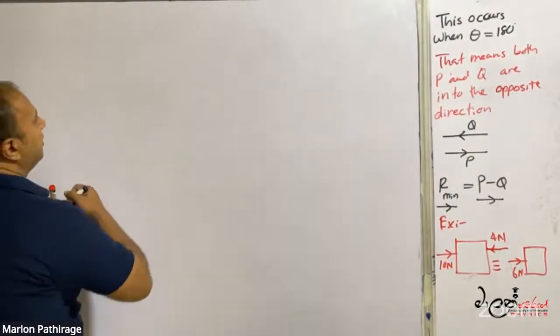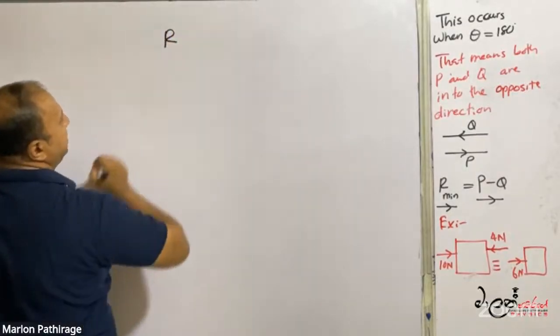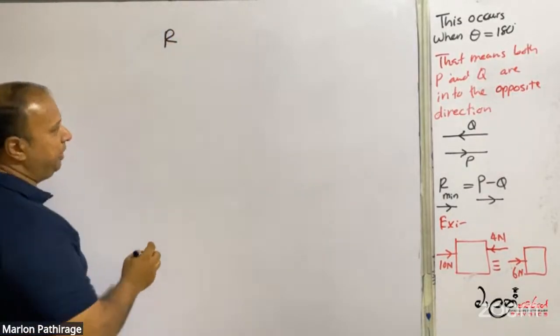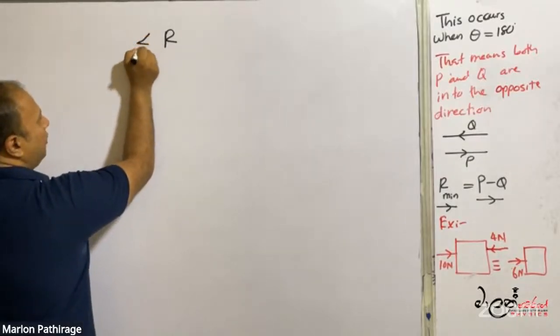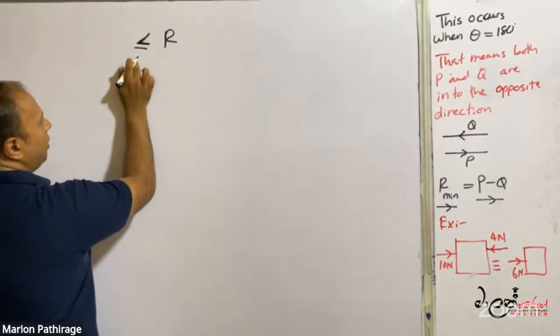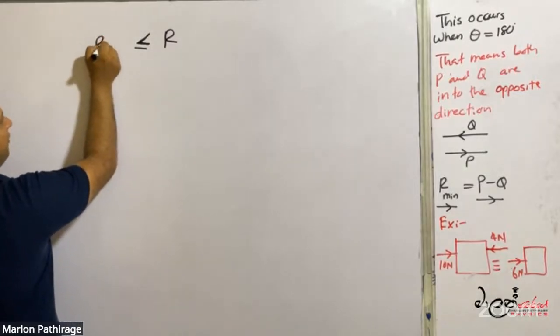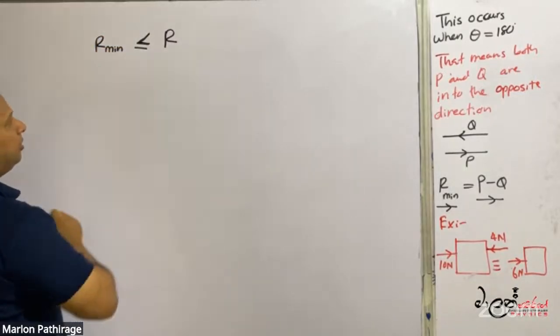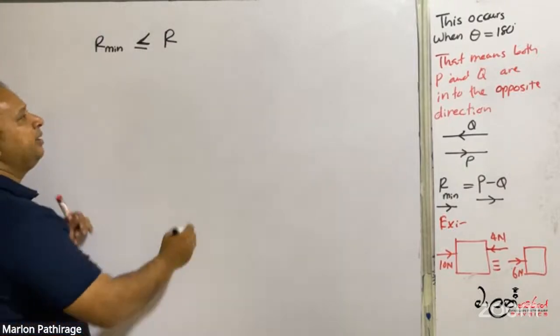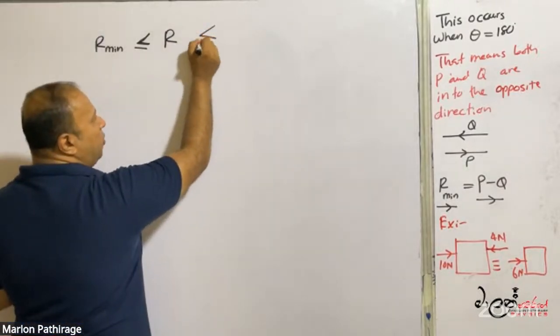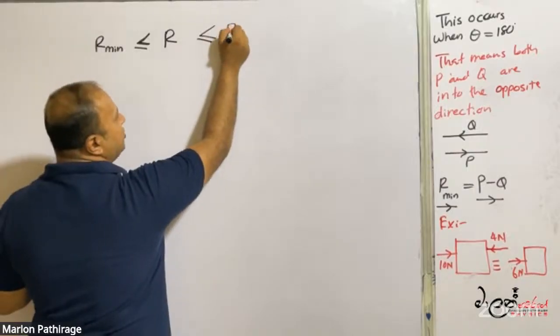Therefore, the resultant vector should be equal or higher than its minimum value, or smaller or equal than its maximum value.